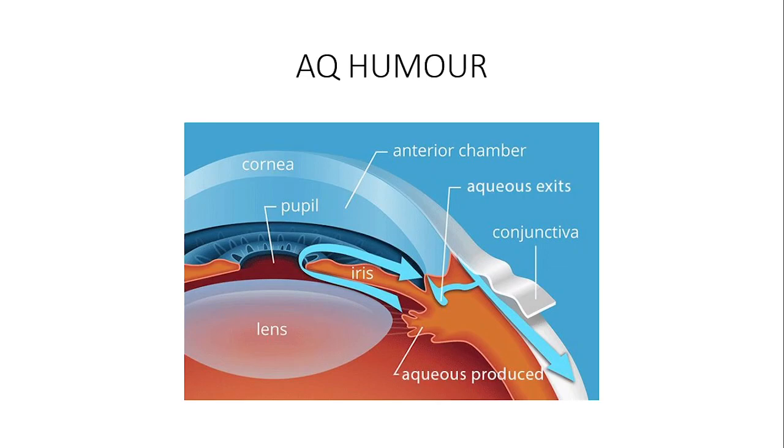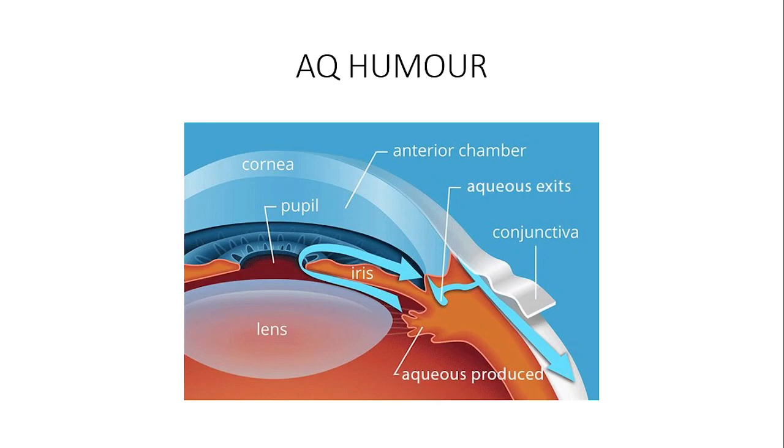Optical role. What does it mean when I talk about optical role? Remember that 99.9% of aqueous humor is water. It doesn't have red blood cells. It doesn't have any opacification within it. So it helps in light transmission and focusing onto the retina. That is what I mean by optical role.